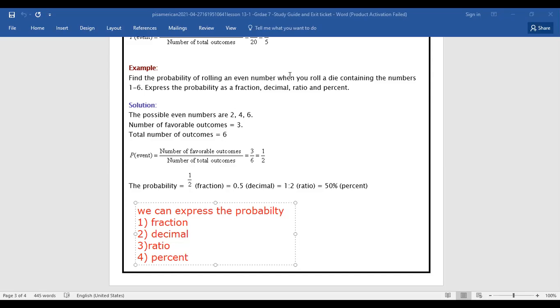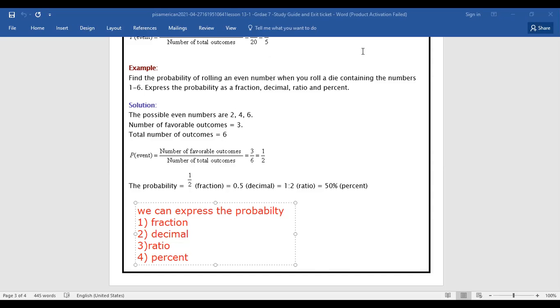Do you know the difference now between a theoretical probability and an experimental probability? Could you please tell me what is the difference between theoretical probability and experimental probability?